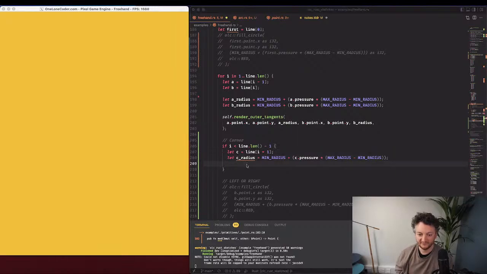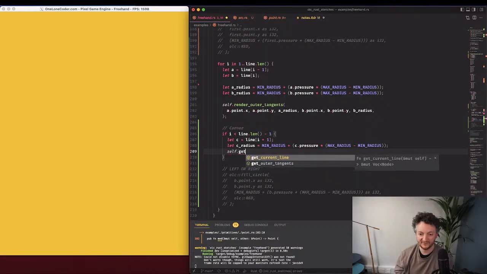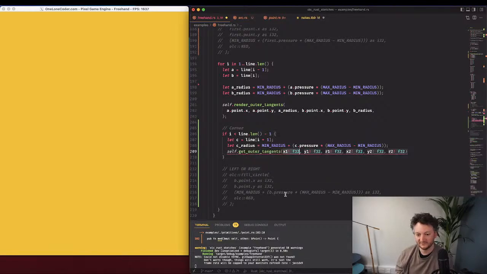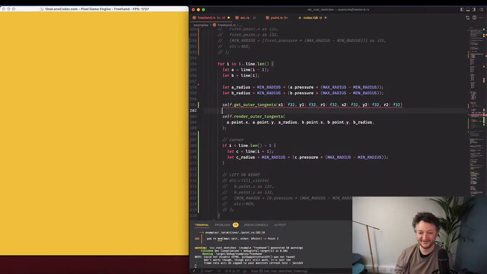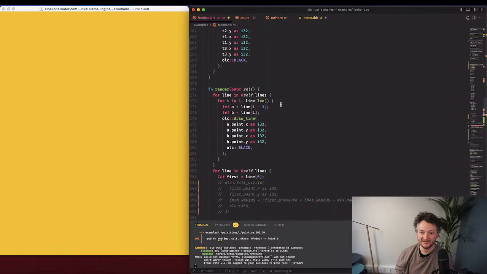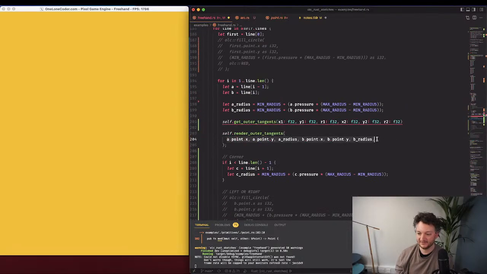So now I need to find self.get outer tangents. I'm going to need to get these outer tangents anyway. Okay, so let's do it like this.